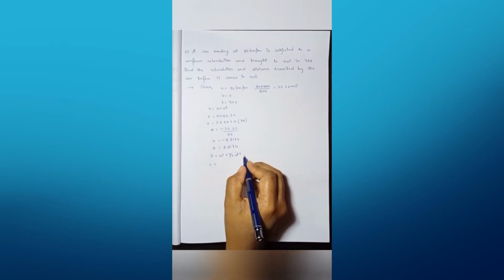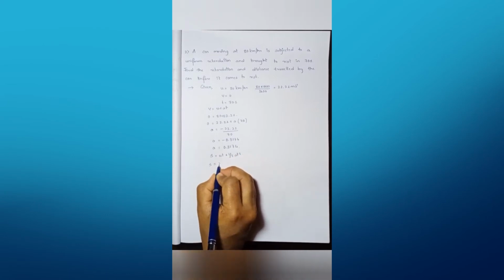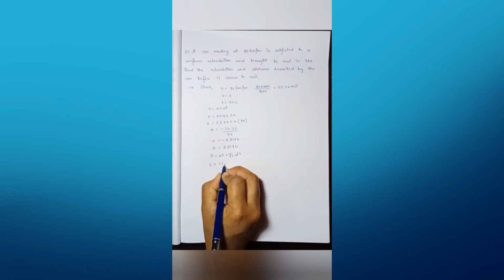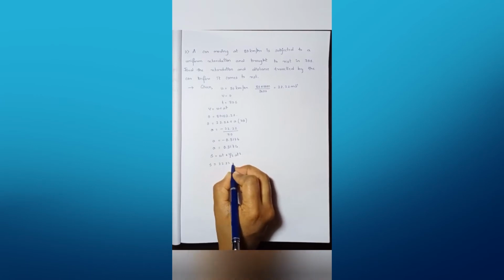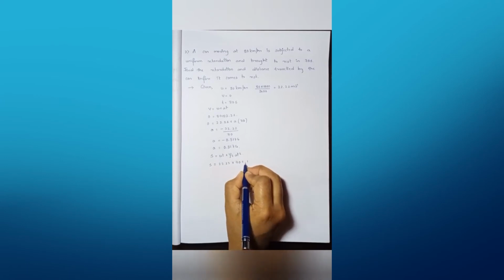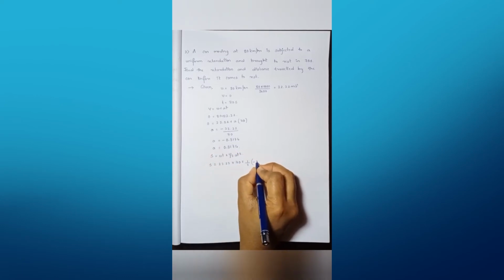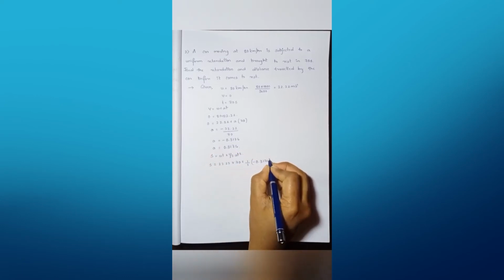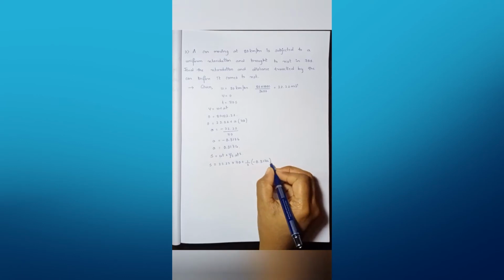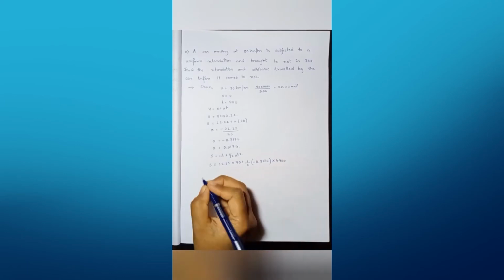So we'll substitute the u value, that is 22.22, into t is 70, plus half in the bracket of what is a, minus 0.3174, and t square. t square is 70 square, is 4900.